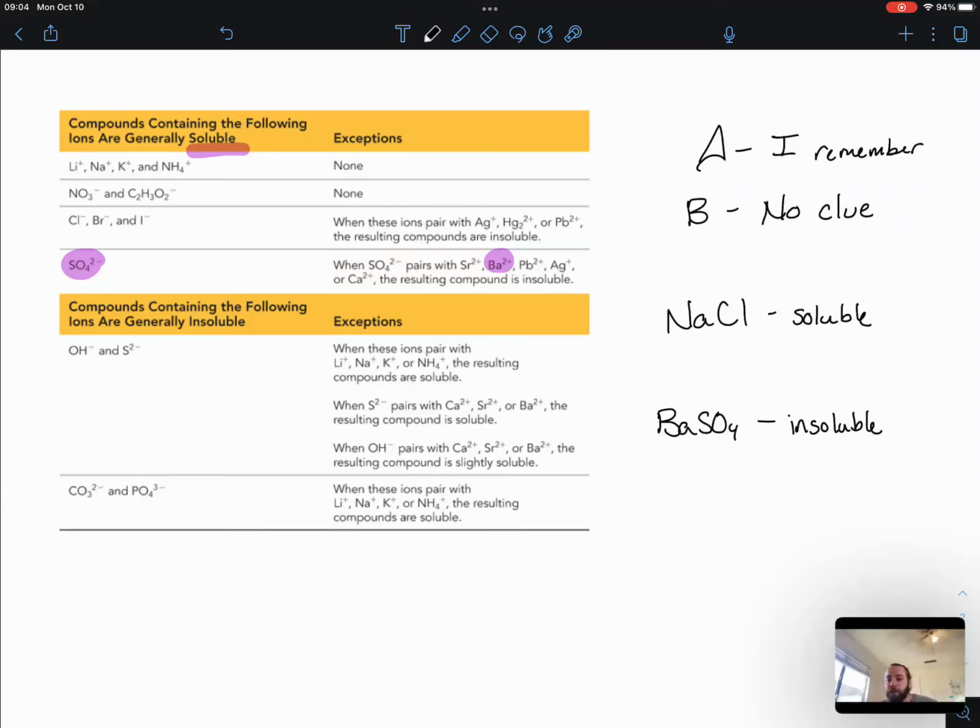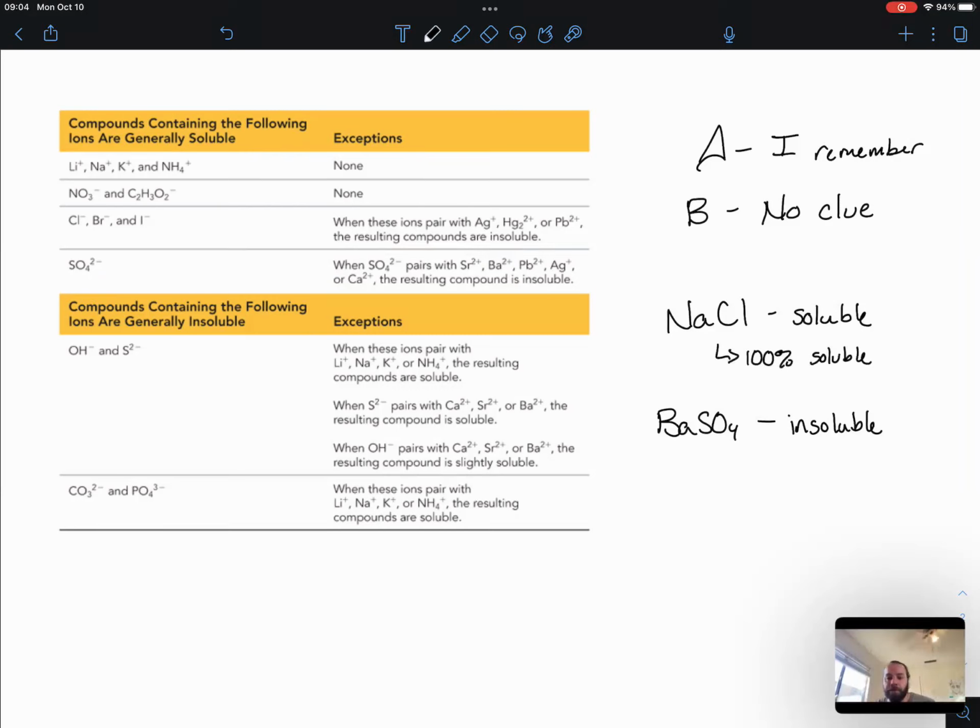We still are going to consider our soluble compounds to be 100% soluble. These are analogous to our strong acids in the sense that if we have a soluble salt, we're going to assume it completely dissociates when you put it into water.